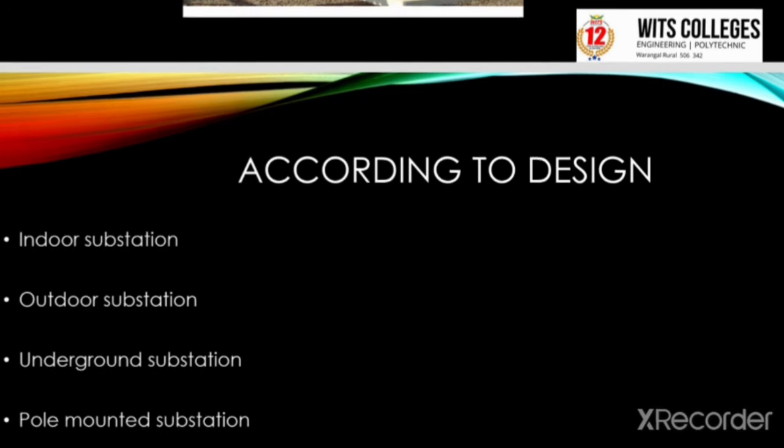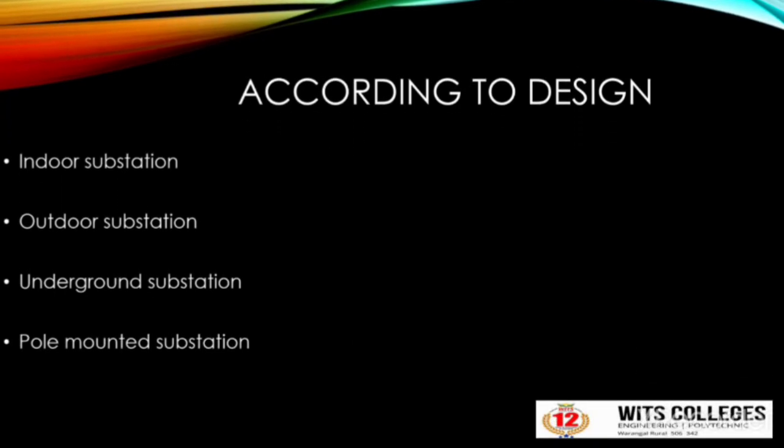So according to the design, substations can be classified as indoor substations, outdoor substations, underground substations, and pole or plinth mount substations. Coming to the indoor substations, a substation in which the apparatus is equipped inside the substation building is called an indoor substation.